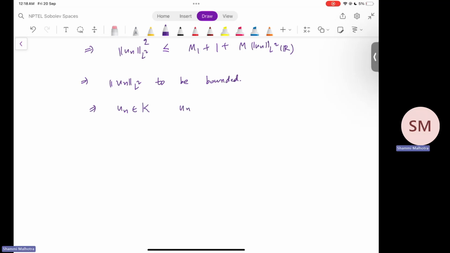So the uns are greater than or equal to 0, and they already have the property that the L1 norm is less than or equal to 1. So this just implies that the un L1 norm is less than 1. So we have un in L1 is also bounded. So eventually this will imply un is bounded also.